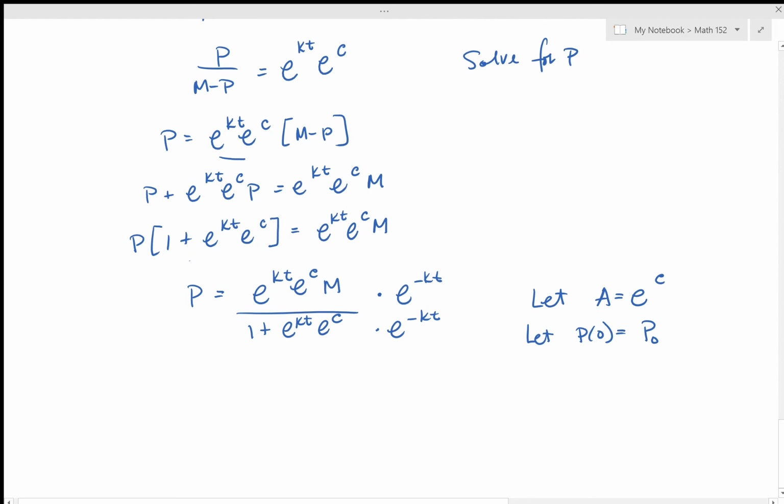Okay, so let's deal with this right now. P of 0 is equal to P naught. That tells me I can plug in T equals 0 here.